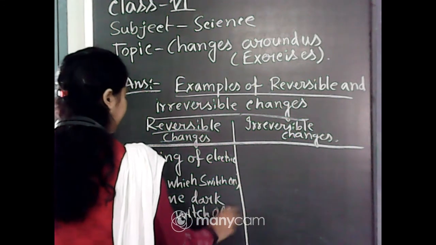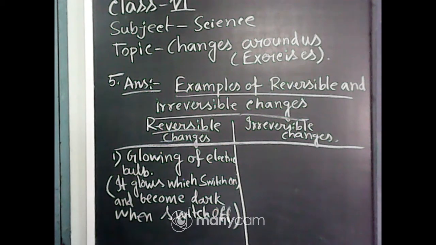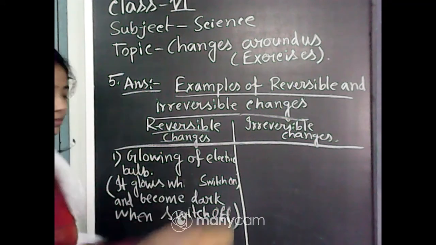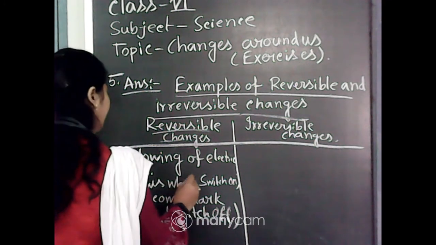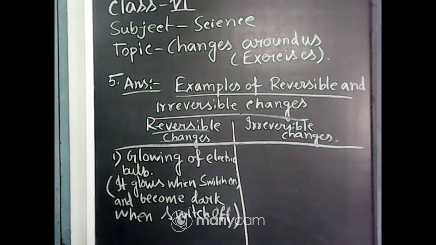Okay, so this example you can write. First example of reversible changes, glowing of electric bulb. It glows when switch on and becomes dark when switch off. This is the first example.